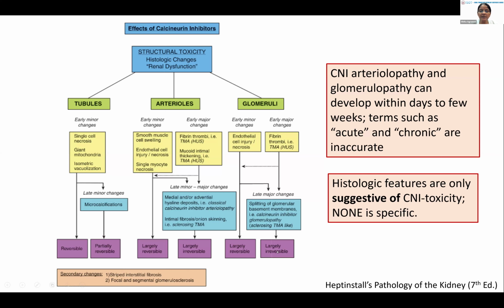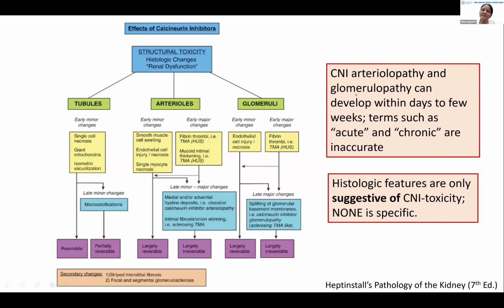And these changes then become largely irreversible. The secondary changes which can occur in the kidney are basically the striped interstitial fibrosis, and in the later stages, you can have focal or segmental glomerulosclerosis, then leading on to global glomerulosclerosis. Sometimes in the literature, you can look at terms which are used like acute and chronic.